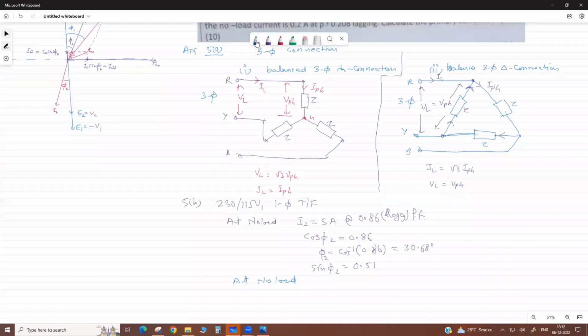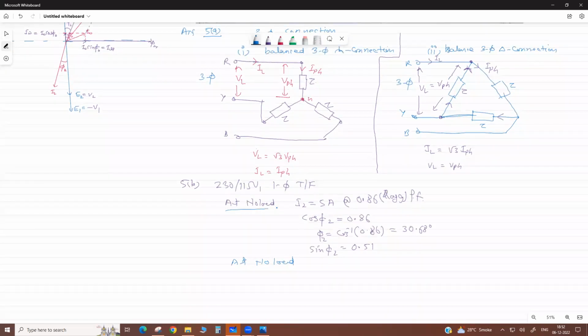So at no load current, that is 0.2 ampere, cos phi naught, the no load power factor, is 0.208. Then phi naught we can calculate by cos inverse.